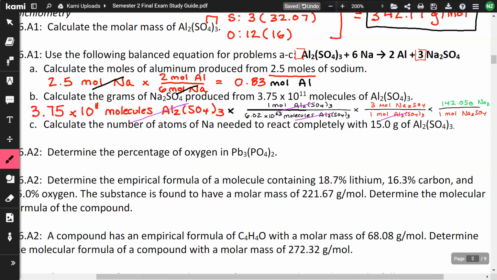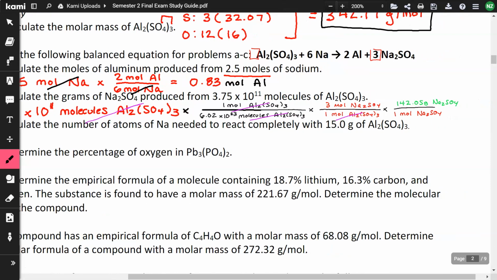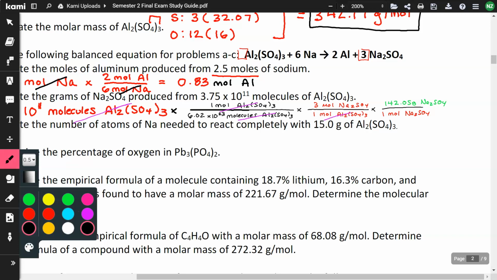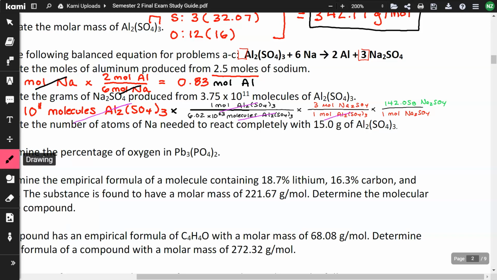So when we put this in our calculator, it's going to be 3.75 times 10 to the 11th divided by 6.02 times 10 to the 23rd times 3 over 1, or just 3, times 142.05. And we need to be careful because we have 2 significant figures in our question, so our final answer needs to also have 2 sig figs.